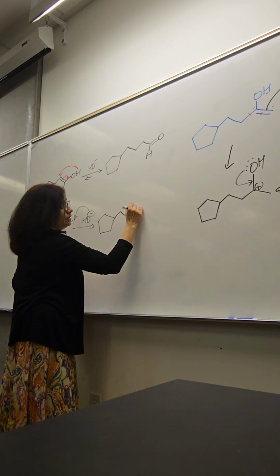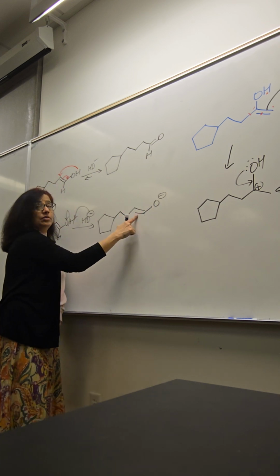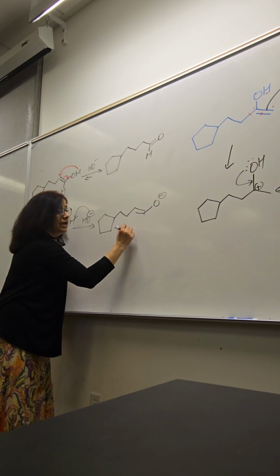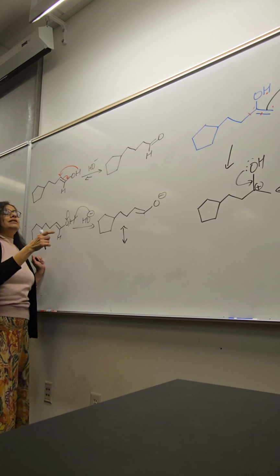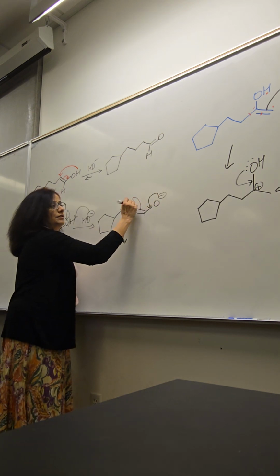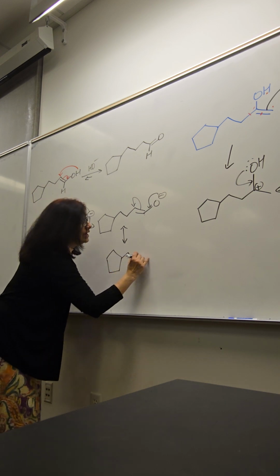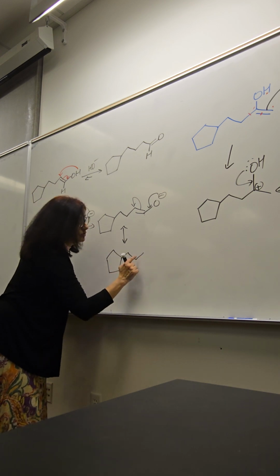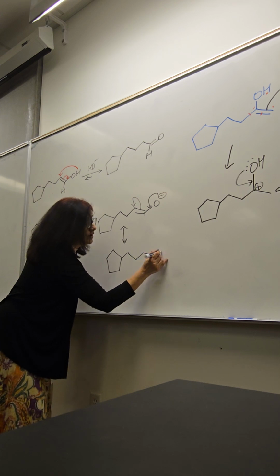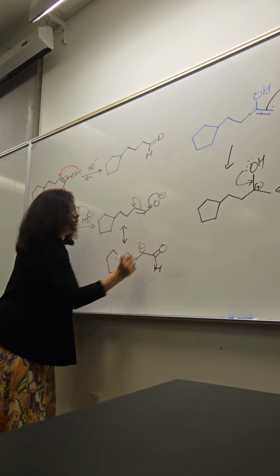1, 2, 3. And then there's resonance from that charge. The anion is resonance stabilized, right? Notice how the double bond has shifted. 1, 2, 3, 4. Now we have a double bond here. That's a hydrogen and an anion here, right?